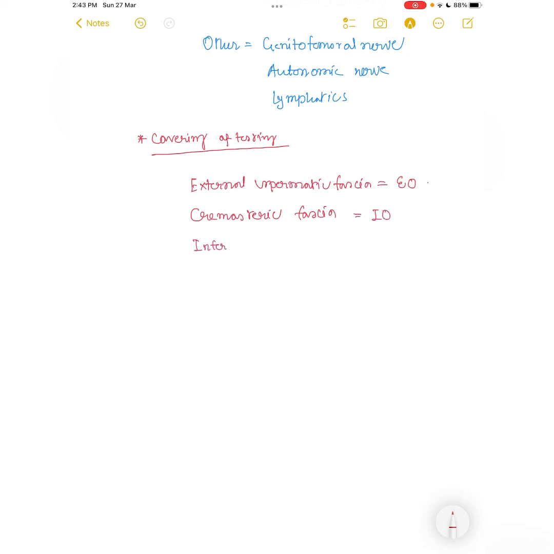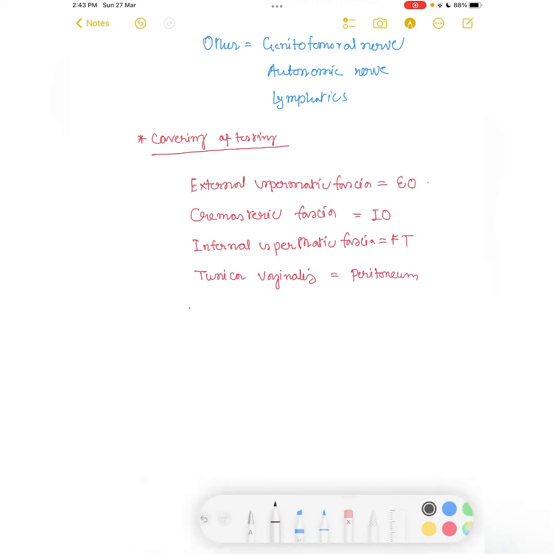The internal spermatic fascia is by the fascia transversalis, and ultimately the tunica vaginalis, which is by peritoneum. Important: transversus abdominis is not forming a covering.